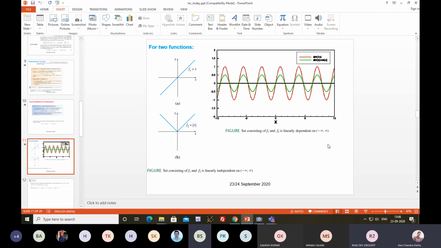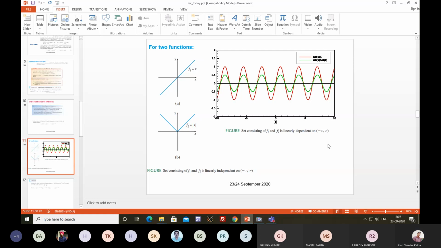They are linearly independent. Suppose I had taken my interval from negative infinity to 0, what would have happened? Suppose I was considering only the interval from negative infinity to 0.